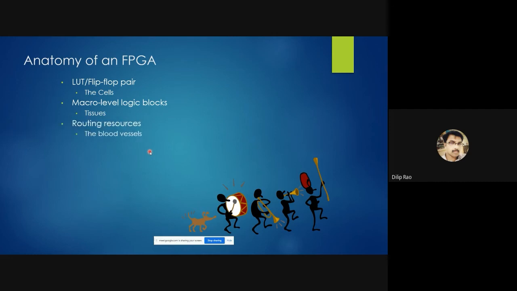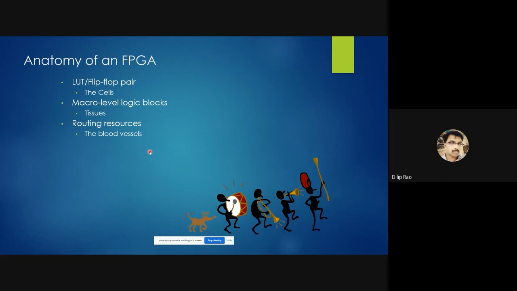Then the routing resources. When we say routing resources, we basically mean the connecting resources that can connect from one portion of the device to another portion of the device. This is again based on our constraints, and our pin constraints in particular, because we might have mapped certain fundamental signals to particular pins, so that has to be respected.